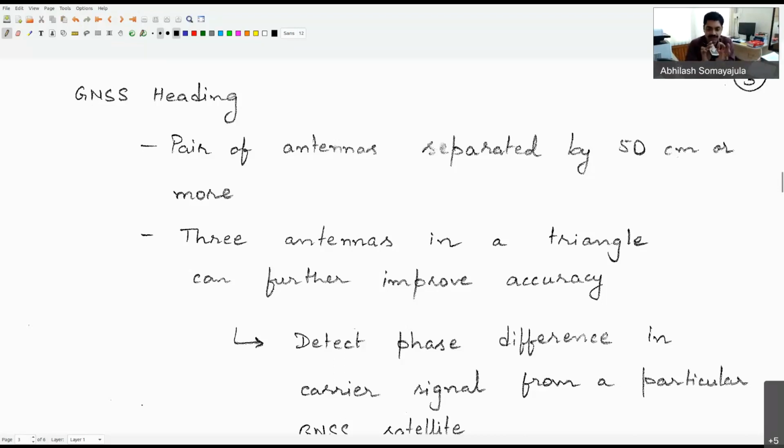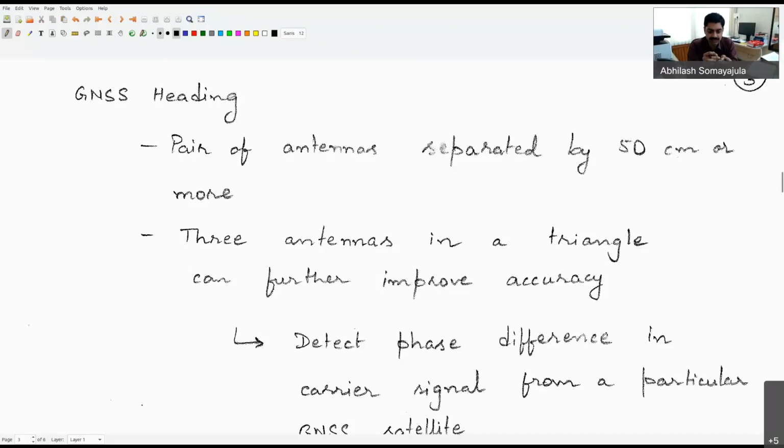So suppose it's a 3 meter long model, and if it has yawed by 10 degrees, then this point would have moved by a considerable amount, while this point, let's say, did not move as much. So based on the new precise positioning, as long as you're getting a good accuracy on these, you can estimate the new heading of the vehicle based on these GNSS measurements.